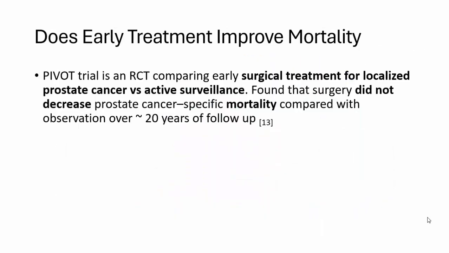The entire idea underlying screening is that identifying a cancer sooner will change the outcome, and for prostate cancer that's not necessarily true. The PIVOT trial was a randomized control trial comparing early surgical treatment for localized prostate cancer versus active surveillance, and they found that surgery did not decrease prostate cancer specific mortality, even with 20 years of follow-up.